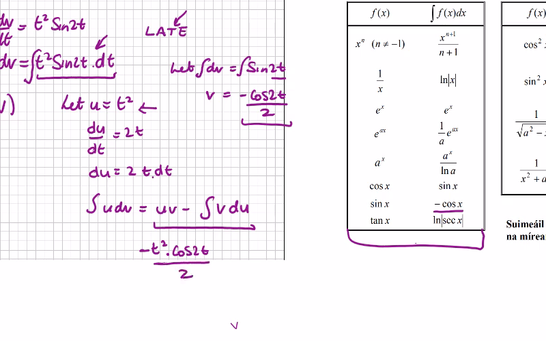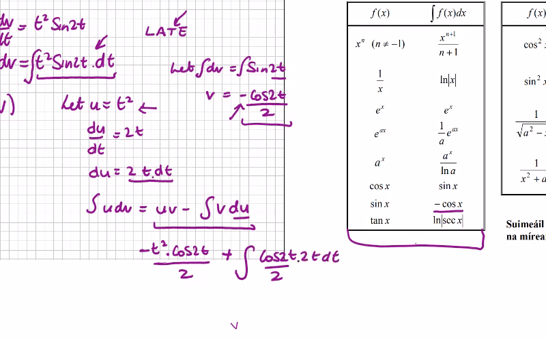We can use that, but we will have an integral in the second part, so it's minus the integral of v, which is already a minus, so we can change it to plus the integral of cos 2t over 2 du, which is 2t dt.